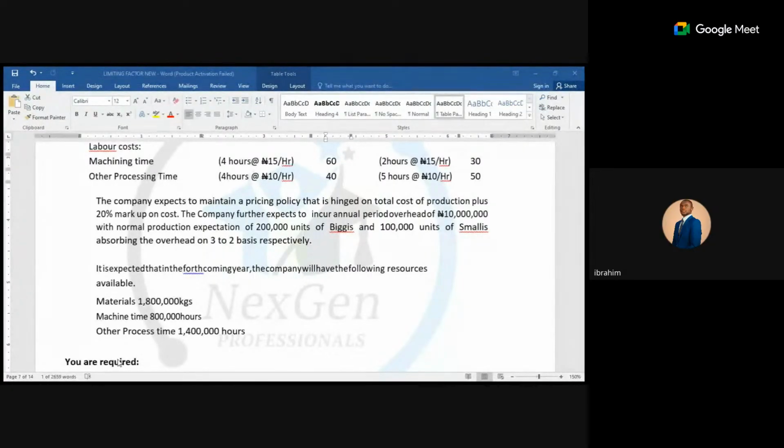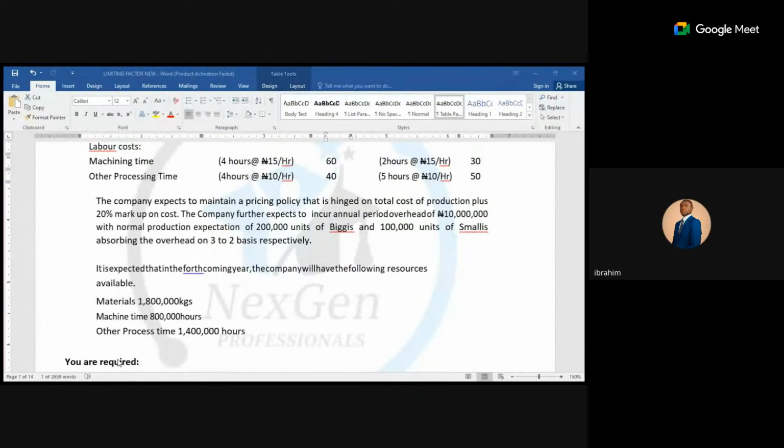The total cost of production will include both your direct and indirect cost. And the question says on the total cost of production plus, meaning that when you want to determine the selling price, it will be on the total cost of production.